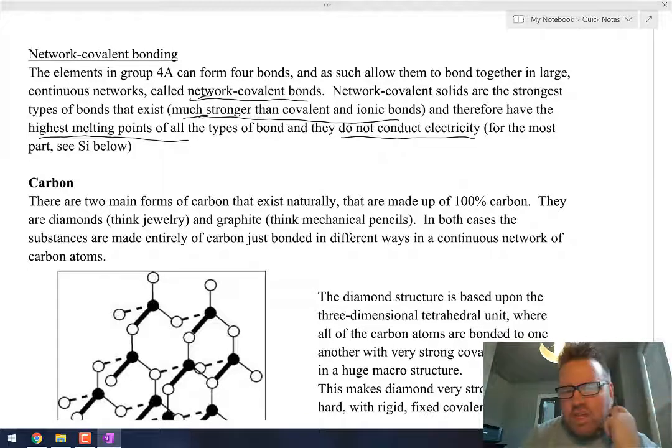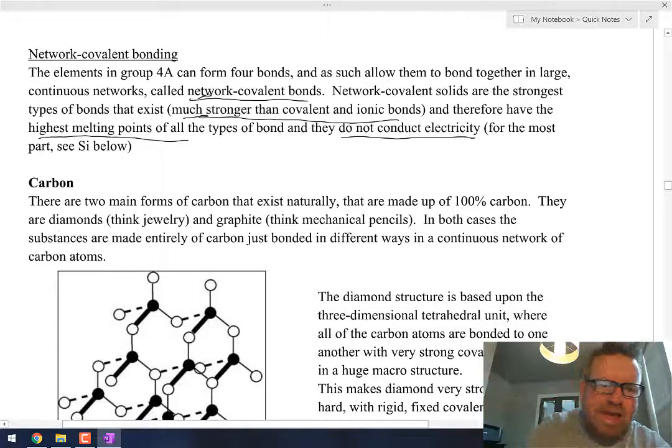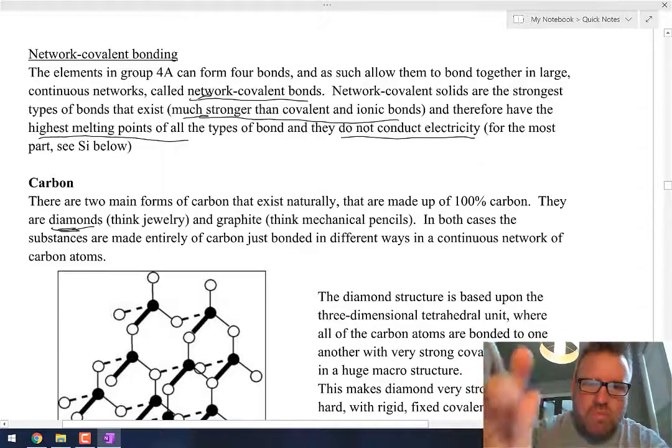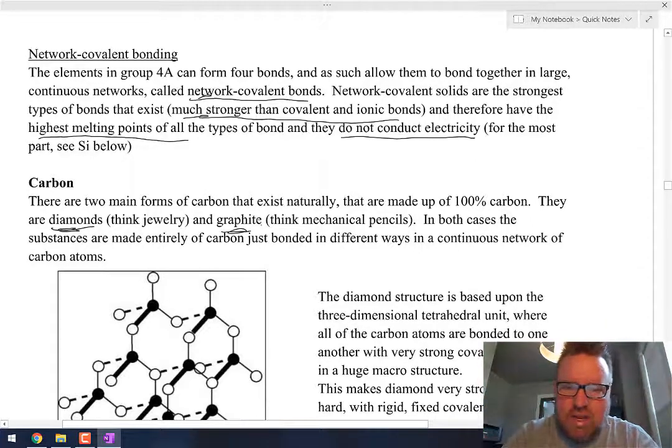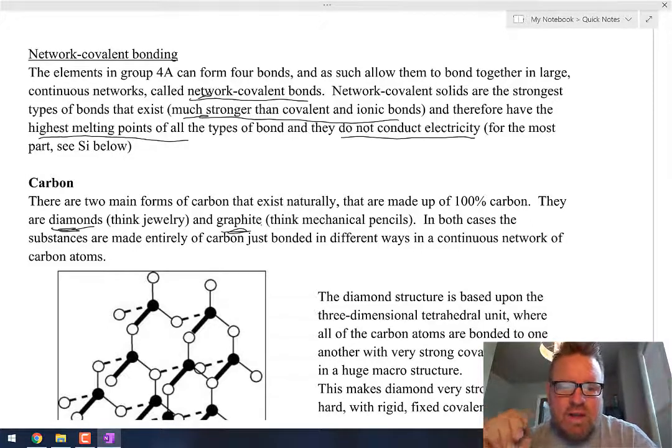So some of the things that use network covalent bonding, there's not much. Okay, carbon actually does when it bonds with itself. A diamond, like in jewelry, or even graphite. We always call it lead, but it's actually graphite that's in pencils, whether it's mechanical or a regular pencil. Those are made of graphite.